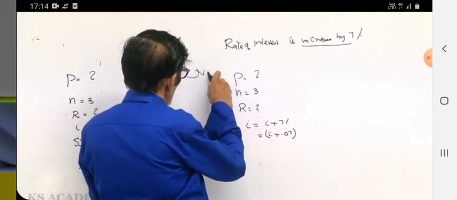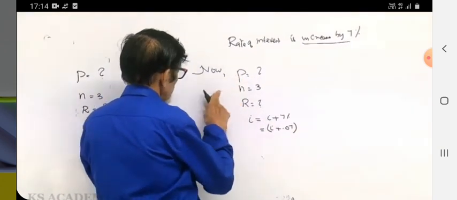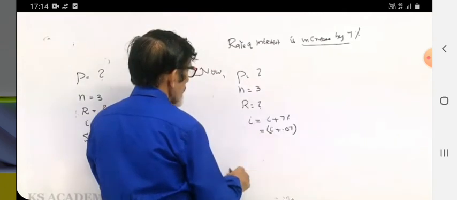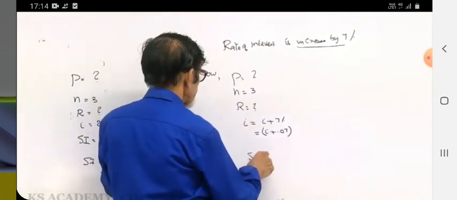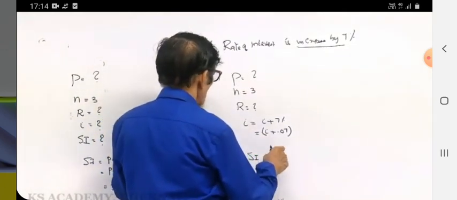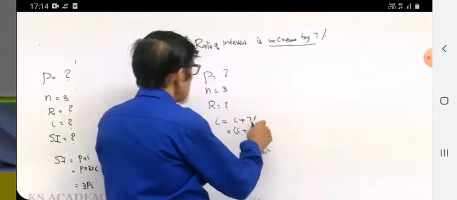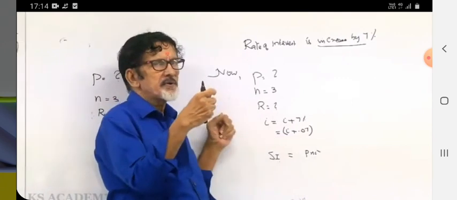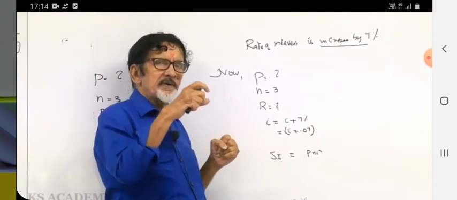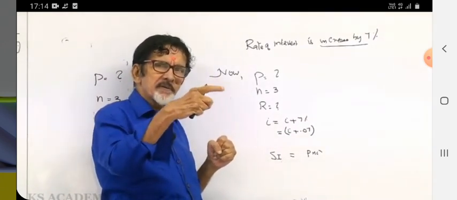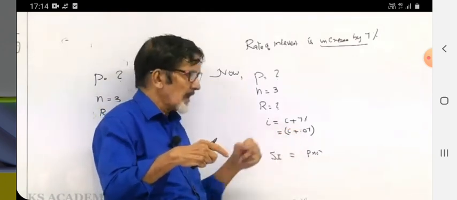Now, percent means I is in decimal form. 7% in decimal form is 0.07.